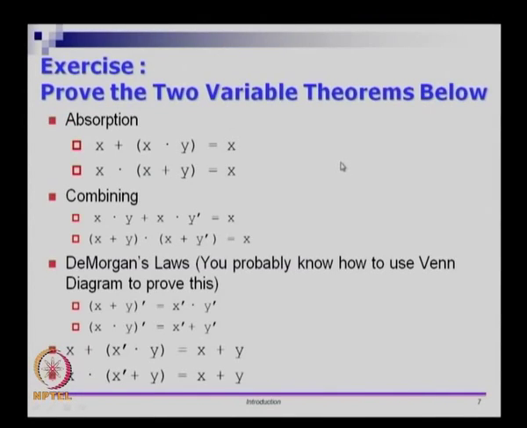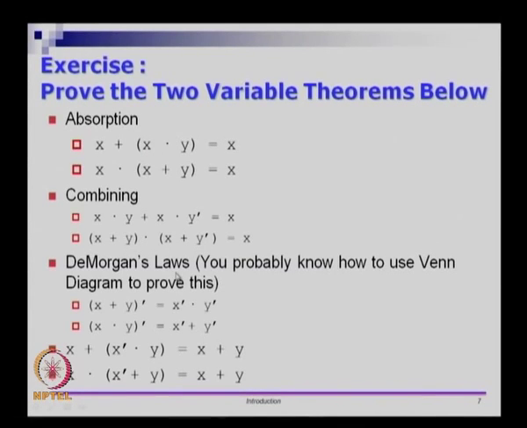So let us look at a few exercises. This is something that I want you to do later, so I am not going to teach this, but I suggest that you go and prove this later. We have the absorption laws, the combining laws, and the De Morgan's laws. I suggest that you prove them either using Boolean algebraic techniques or at least using truth tables.